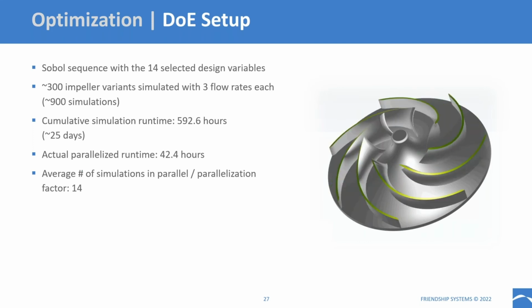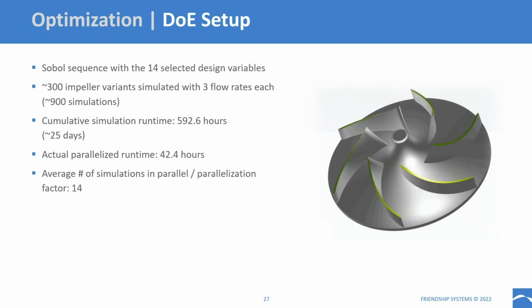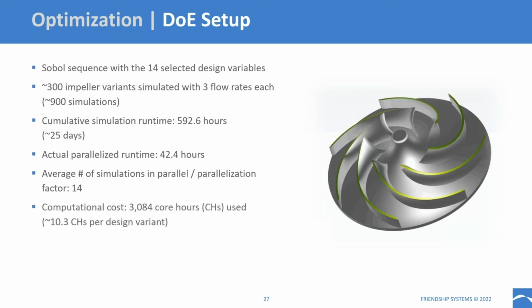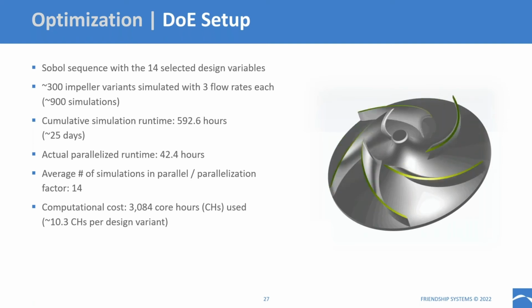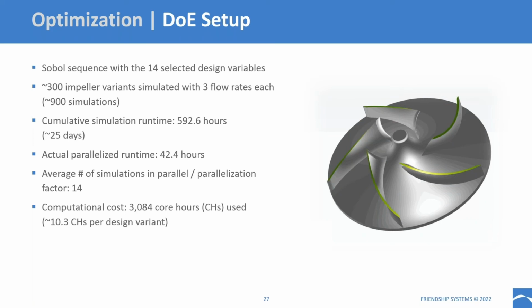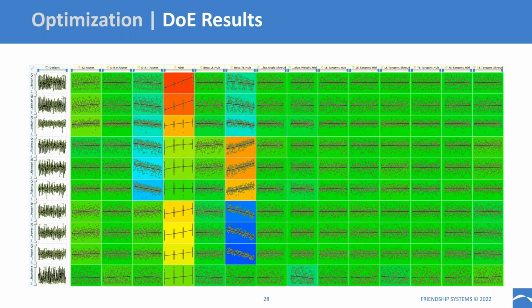So we have about 14 computations on average running in parallel, and the computational cost in total is about 3,000 core hours. From the results of this design of experiments, we can already see some interesting things. Here are the different correlation plots of the 14 parameters plotted against our objectives: the head at the 3 flow rates, efficiency at 3 flow rates, and power at 3 flow rates.